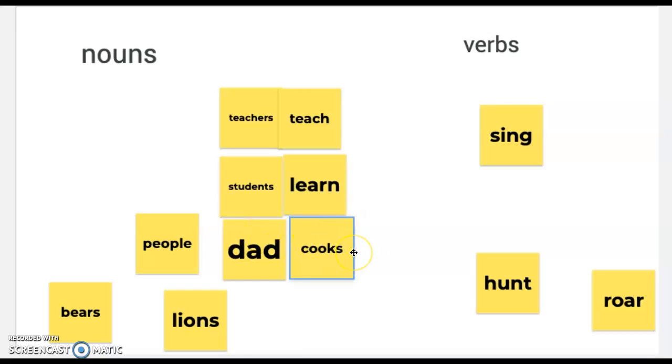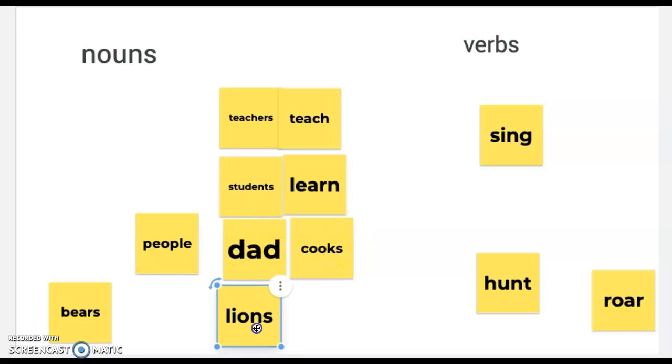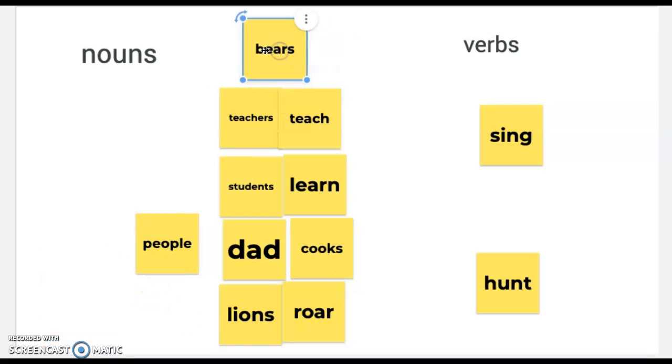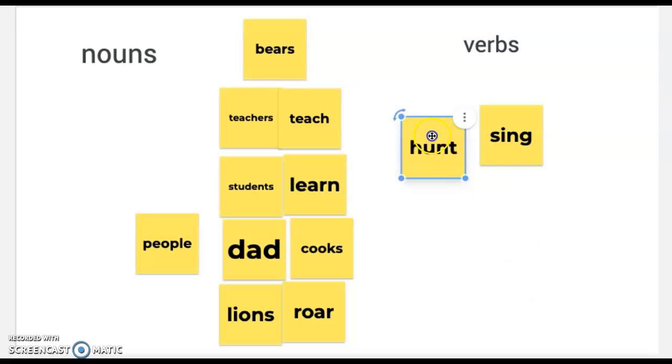Dad cooks. How about lions? Lions. Oh, lions can. How about roar? It's not lions roars. Lions roar. Okay, what about bears? We can put bears up here, and bears hunt.